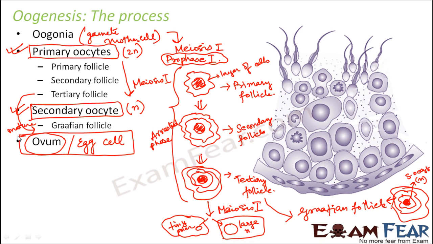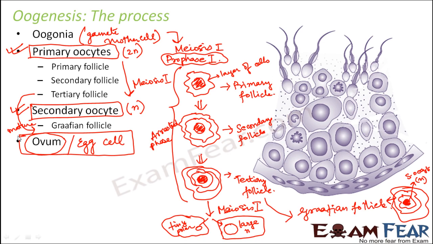So first the gamete mother cell was oogonia, it underwent meiosis, and initially it got stuck in the prophase 1 of meiosis 1, so it formed primary oocytes. Then the primary oocytes completed meiosis 1 to form secondary oocytes which were haploid, and then the secondary oocytes underwent meiosis 2 to form ovum. So that is one thing that is going on, that is just one half of it.